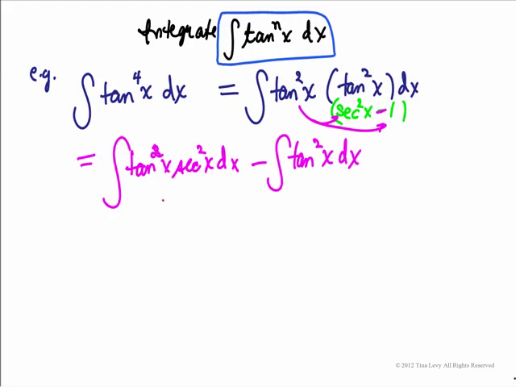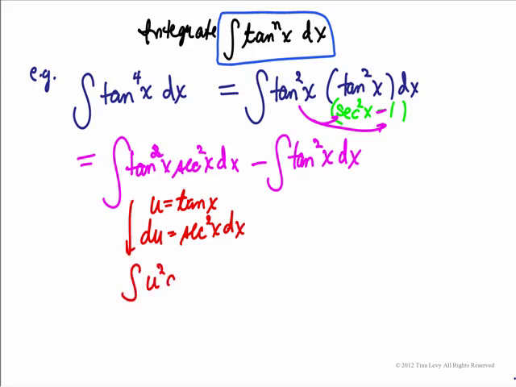This is a nice u substitution, u being tangent x, then du would be secant squared x dx. So this integral just is u squared du. But this tangent squared, I don't know that antiderivative, but I do know I can replace it with secant squared minus 1.